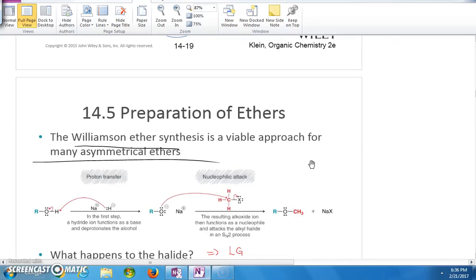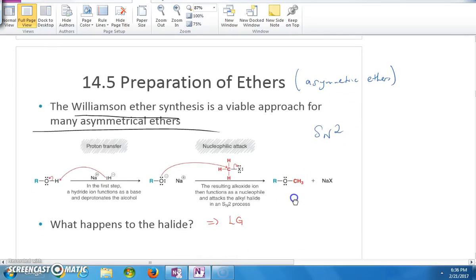Now, for the preparation of asymmetric ethers, you have to use the Williamson synthesis, which is a viable approach for making asymmetric ethers. And again, the reaction goes via an SN2.